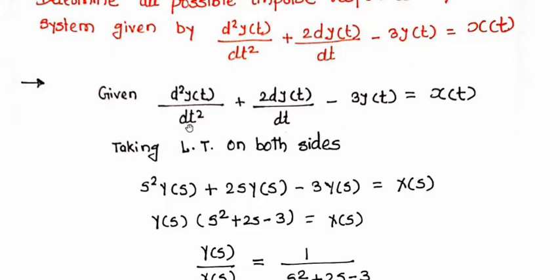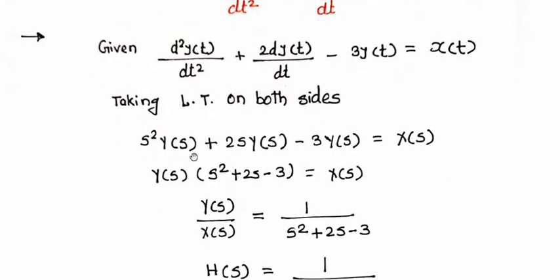So as here you can see, the first term is a second derivative, so it is multiplied by s square into y of s, plus 2. Here it is a single derivative, so it is multiplied by s into y of s, which is Laplace of y of t, minus 3 into y of s is equal to x of t, which is Laplace x of s.